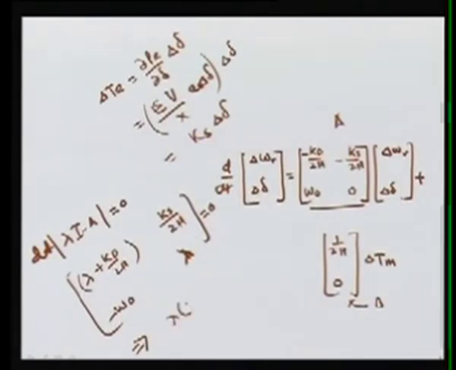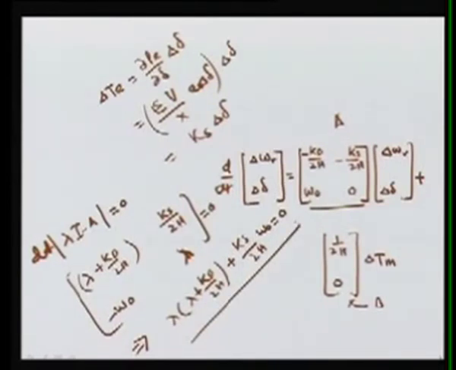This will be lambda plus kd upon twice h, plus ks omega naught over 2h, equal to 0. So now you can see we are getting a quadratic equation, which we can solve: lambda square plus kd upon twice h lambda, plus ks omega naught over 2h, equal to 0.